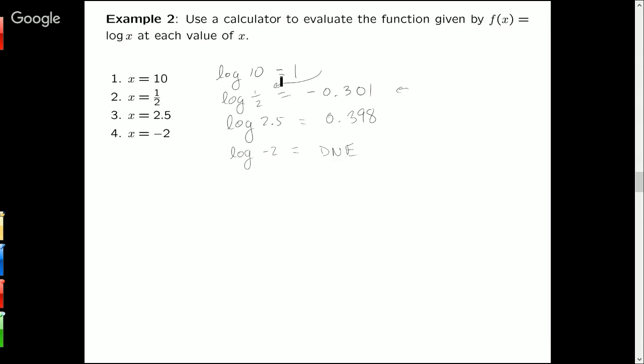If you plug in anything bigger than 1, you're going to get positive numbers. Some will be smaller than 1, some will be bigger than 1, and some will be equal to 1. But it breaks at 1. The number 1 is going to be your break point for that, as long as your logarithm isn't a shifted function. Any questions on that? Can you do that on your homework?